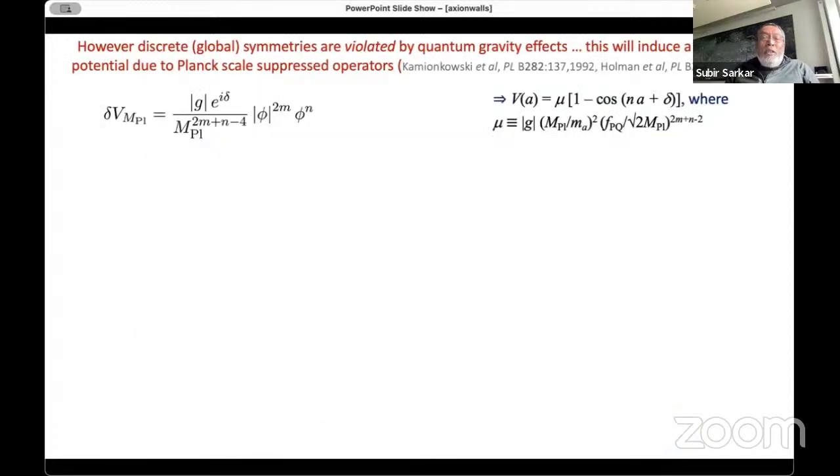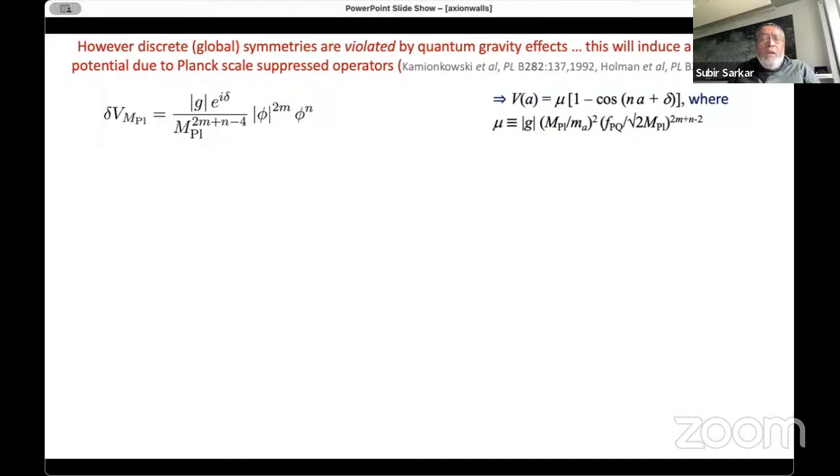Now, going back to the particle physics as to why that breaking of that Z_N symmetry must occur, that argument actually came 10 years later after Pierre Sikivie motivated that it had to be there. And this was the realization by Kamionkowski and John March-Russell, my colleague, and Holman et al., and also Dave Seckel and Barr, that global symmetries are generically violated by quantum gravity.